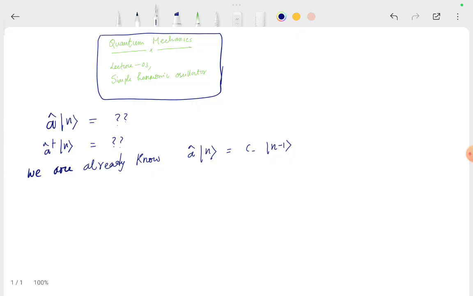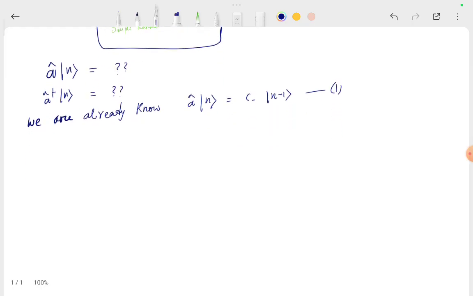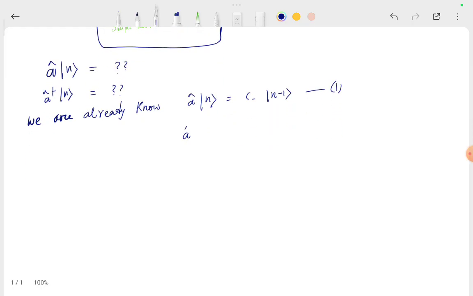Let us assume this is equation number 1. Actually, we find out the value of c minus. Similarly, when the raising operator acts on the nth state, it increases the state to n plus 1, and we get the eigenvalue c plus. This is equation number 2.